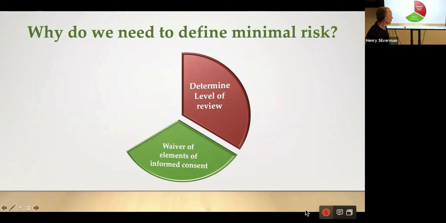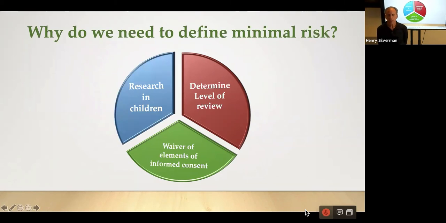Also, as we'll talk about in this session, in order to waive the consent or waive elements of the informed consent, one of the criteria, as I said before, needs to be minimal risk. So that's the other reason why we should embrace a common concept of minimal risk.